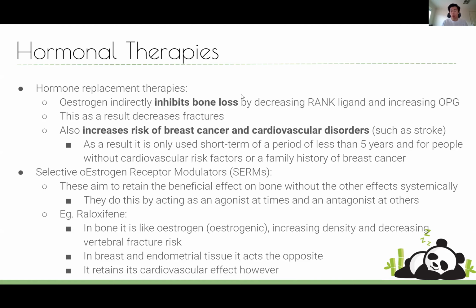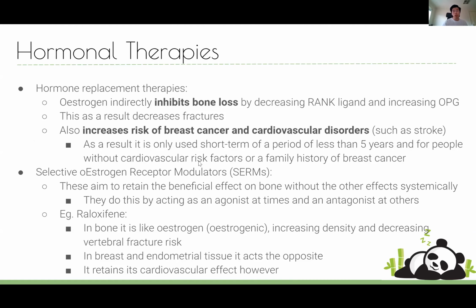But once you hit menopause and your estrogen levels fall, this inhibitory process fails, and as such your risk of disease increases. By giving hormone replacement, you can re-establish that inhibition. But you also have an increased risk of breast cancer and cardiovascular disorders, as a lot of breast cancers are driven by estrogen receptors.